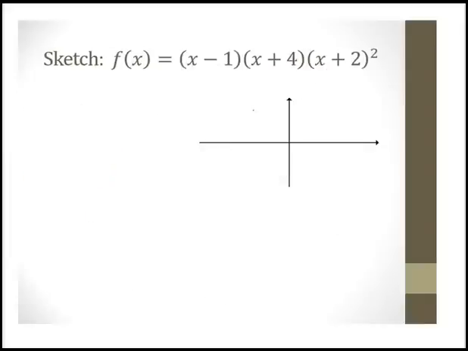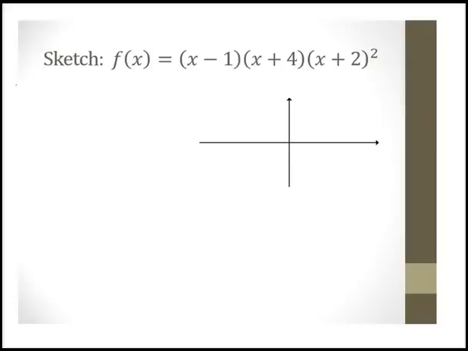So now we can shorten that process a little bit if we'd like, just by recognizing patterns. Alright, so first, the y-intercept. Let's look at a new function. F of x is x minus 1 times x plus 4 times x plus 2 squared.